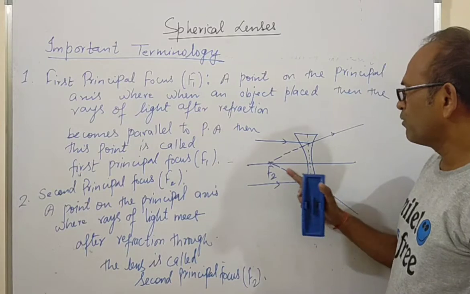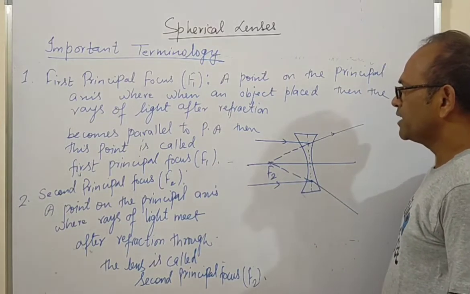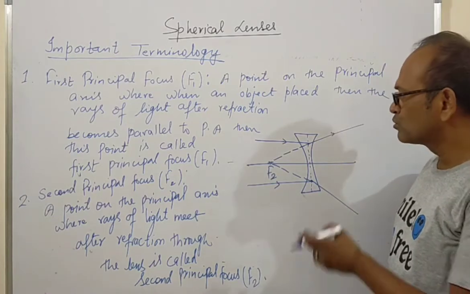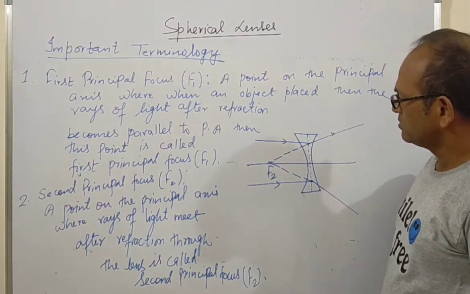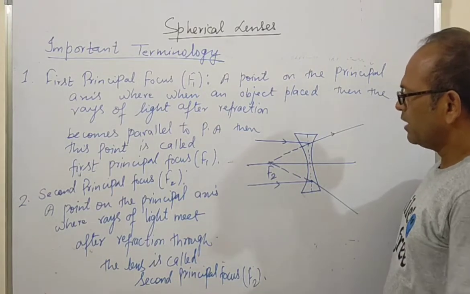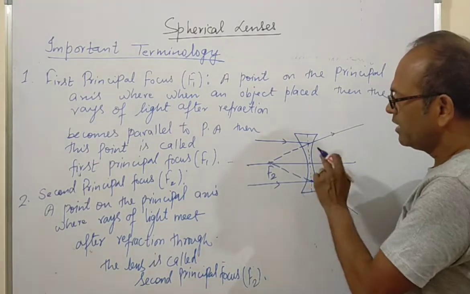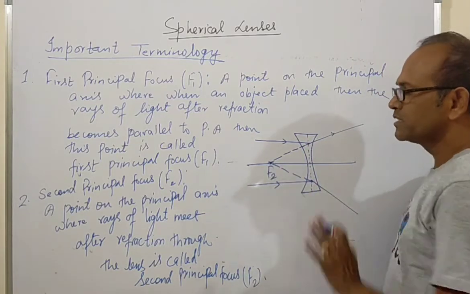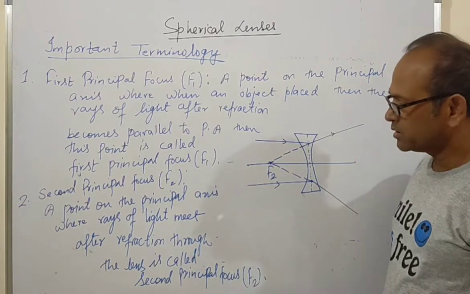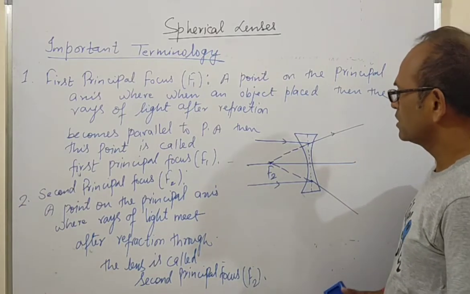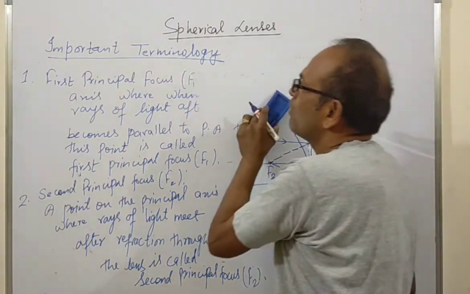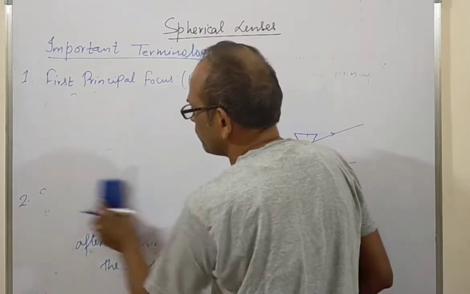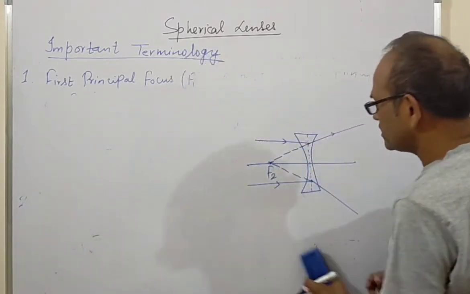Okay, second principal focus: when rays of light coming parallel to the principal axis get diverged after refraction through the lens, and when produced backward, they appear to meet at a point on the principal axis, then this point is called second principal focus. Then what is first principal focus for a concave lens? So let's see what is first principal focus for a concave lens.